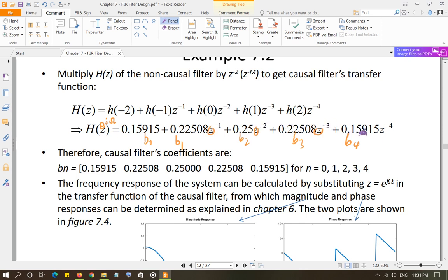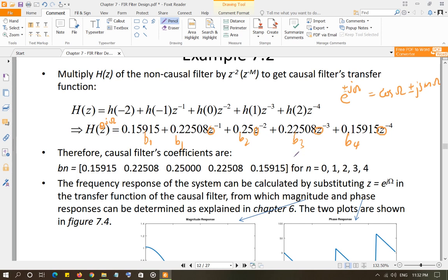Now again, if I ask you to show me the magnitude response expression and phase response expression, then remember, like we did in chapter number 6, you're going to apply Euler's identity, and then you are going to write e to the power j omega, or negative j omega, whatever you are using, as cosine omega plus minus j sine omega. And then you are going to take all the real numbers, put them on one side, and then plus j or minus j, whatever you have, and then all the imaginary numbers, put them on one side.